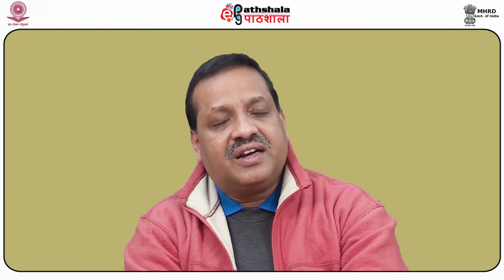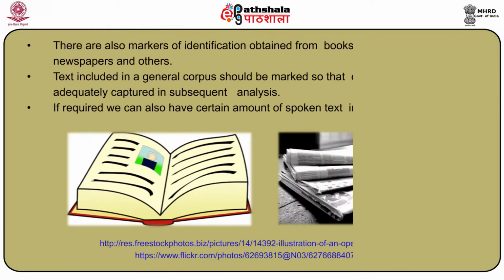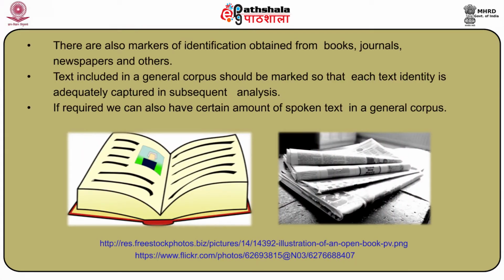Also, there are markers of identification of text obtained from books, journals, newspapers, and others. What is an important point is that the text included in a general corpus should be marked uniquely so that each text's identity is adequately captured in subsequent analysis.